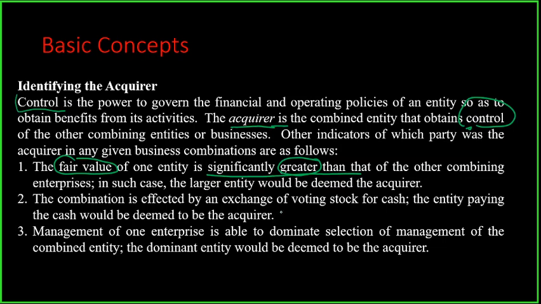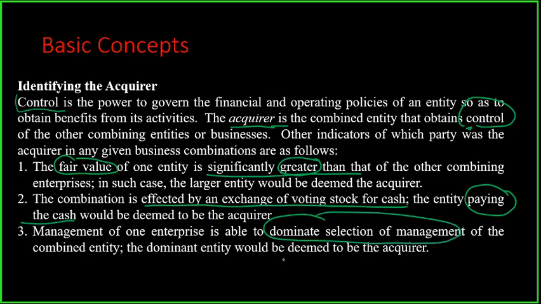Also, if the combination is affected by an exchange of voting stock for cash, the entity paying the cash would be deemed the acquirer. So, kung sino yung nagbayad ng cash. Aside from that, if management of one enterprise is able to dominate the selection of management of the combined entity, the dominant entity will be deemed to be the acquirer.